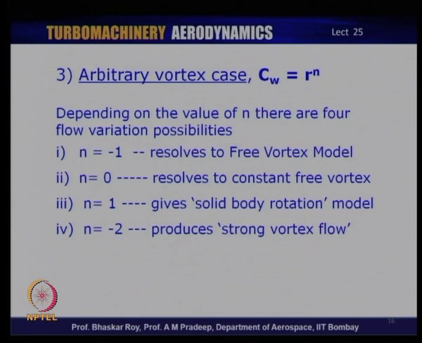Instead of writing C_w r equal to constant, we are saying that C_w is proportional to r to the power n. Now, this value of n can be varied. If you put n equal to minus 1, if you remember, it resolves to the free vortex model, which we have already done before.